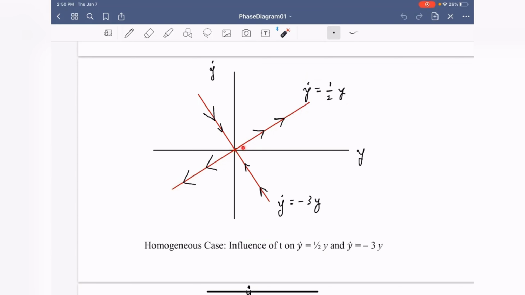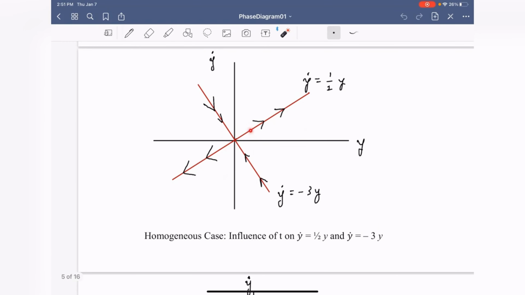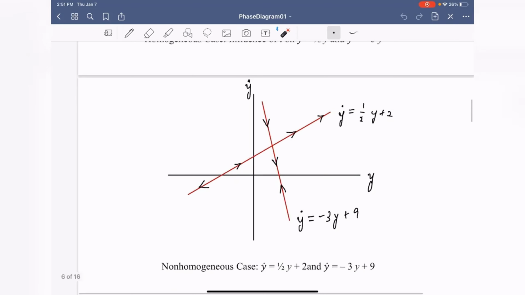So if you happen to be just off of 0 here, you're going to move away from it in this direction. But if you're off in this direction along this line, then you move back toward it. So in that sense, this is an unstable solution for y dot equals 1/2 y and a stable one for minus 3y.